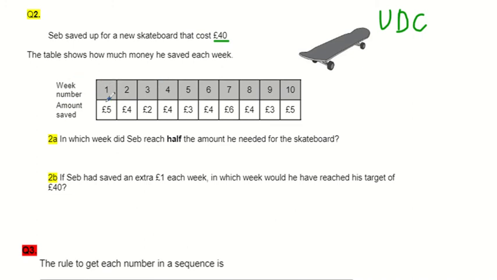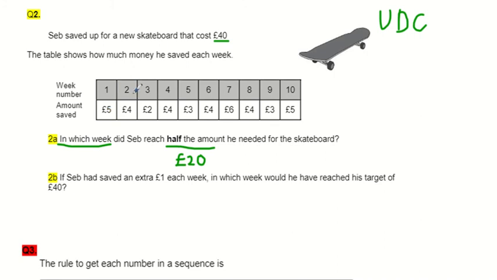In week 1 he saved £5, in week 2 he saved £4, in week 3 £2, and so on. In which week did Seb reach half the amount he needed for the skateboard? Okay, so let's think. He had to save 40, so half the amount would be £20.